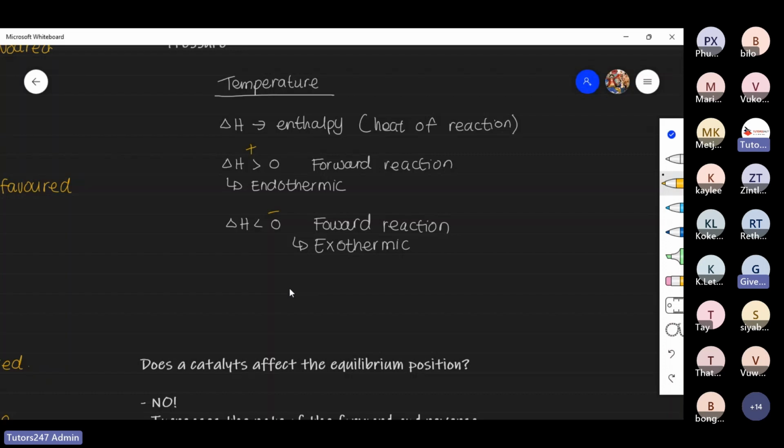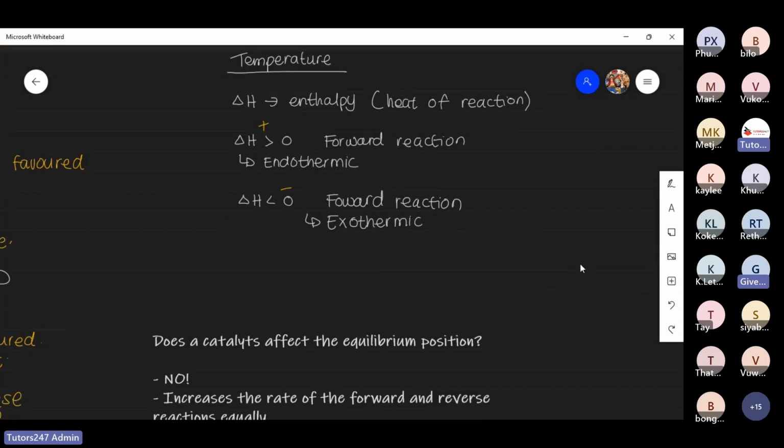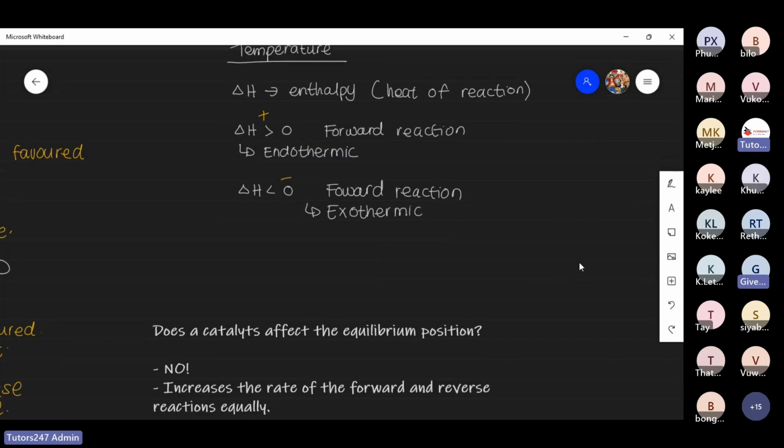So something else that's also important for you to take note of when you are dealing with temperature is that if the temperature of the system were increased, it's going to favor the endothermic reaction. So think about this. If you increase the temperature in your system, that means that it's going to get hot.